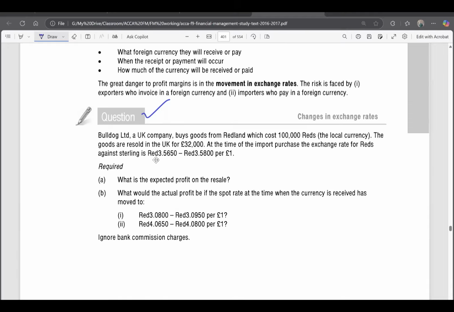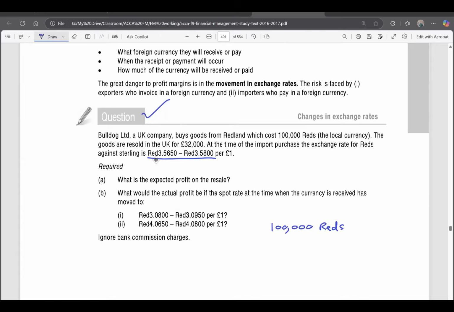So you buy goods in a currency called reds, and you buy at 100,000 reds, and your exchange rate is, sorry, this per $1. Division case, right? Because the first currency here is reds. So we divide with the... it's a payment, right?